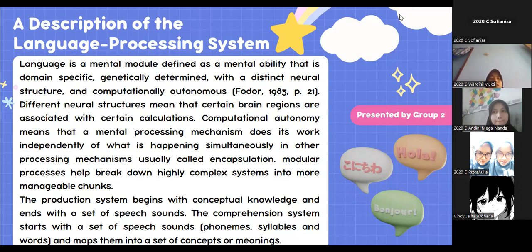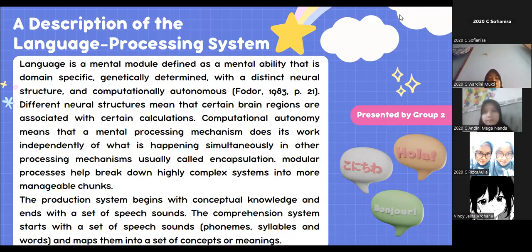Computational autonomy means that a mental processing mechanism does its work independently of what is happening simultaneously in other processing mechanisms, usually called encapsulation.